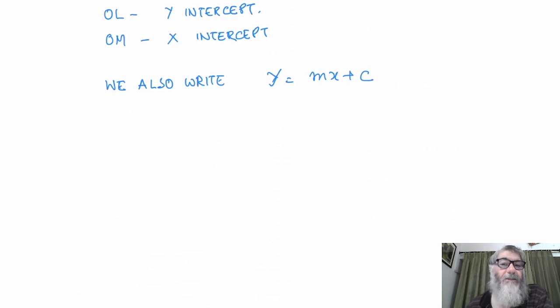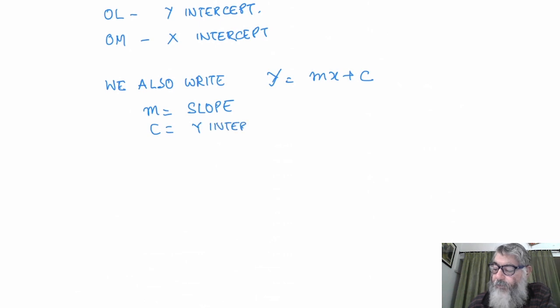It is the representation of a straight line, where m is the slope and c is the y-intercept. There are many ways in which a straight line equation can be written, and I don't think I need to discuss this at this stage, because all forms of straight lines you have studied in standard 10th.